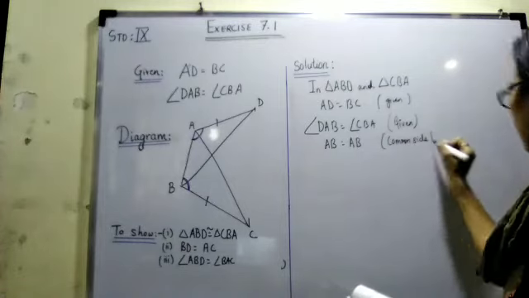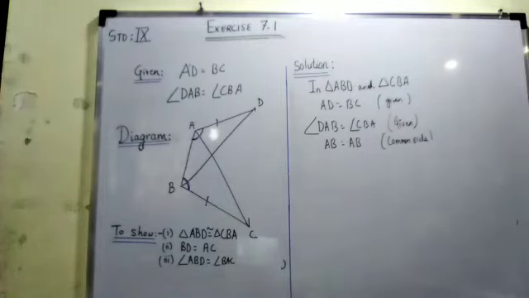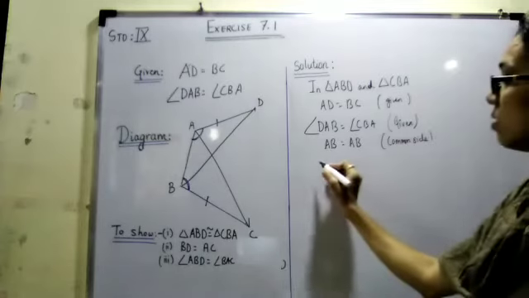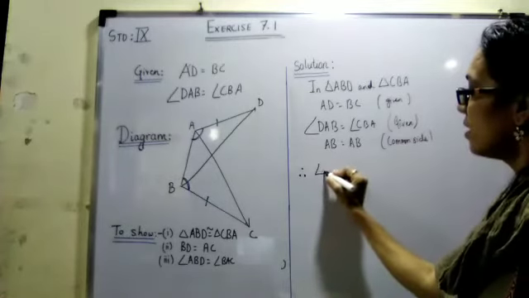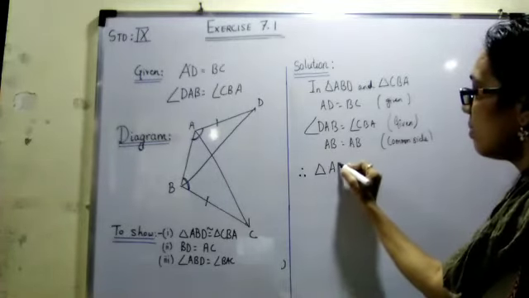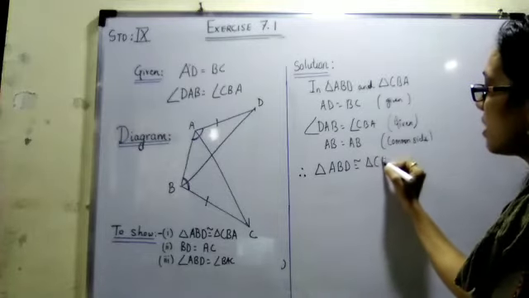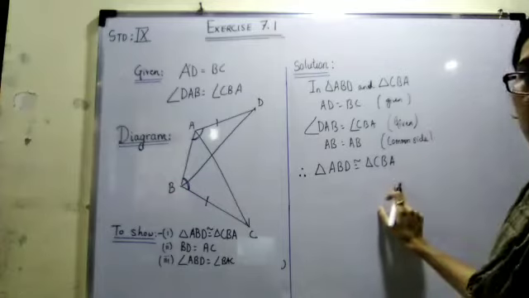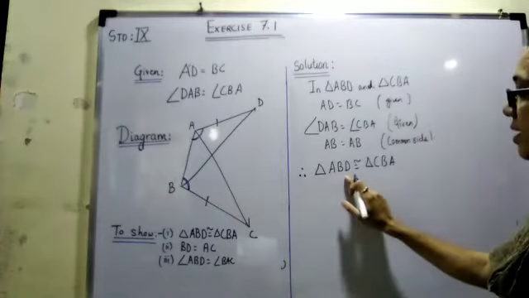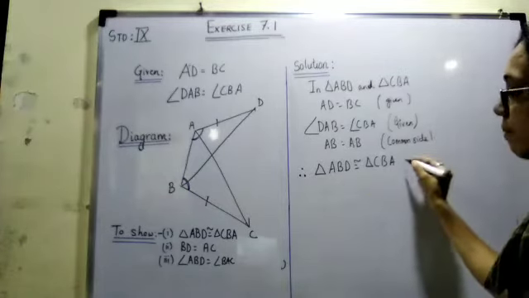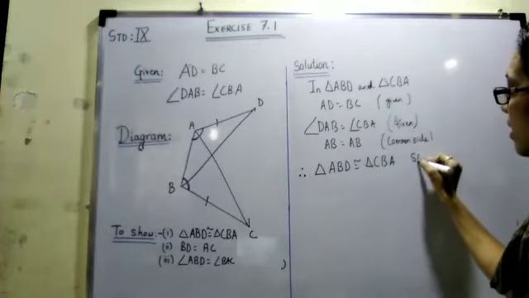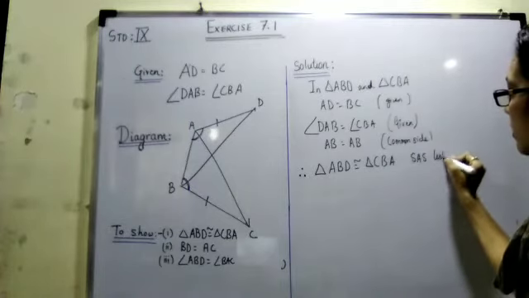Common side. Therefore, we can say triangle ABD is congruent to triangle CBA. We have to write down this correspondence properly. ABD is congruent to CBA, by which test? Side angle side test.